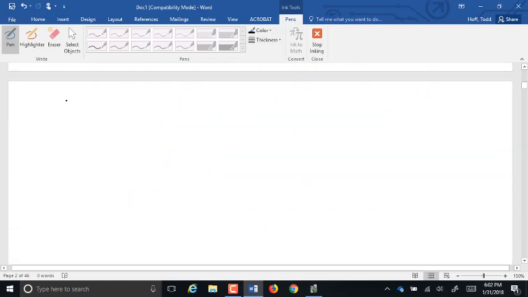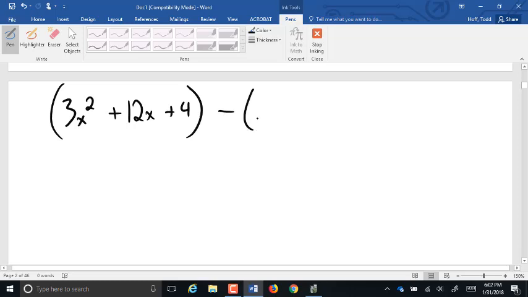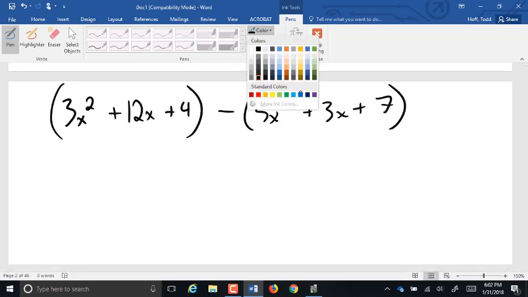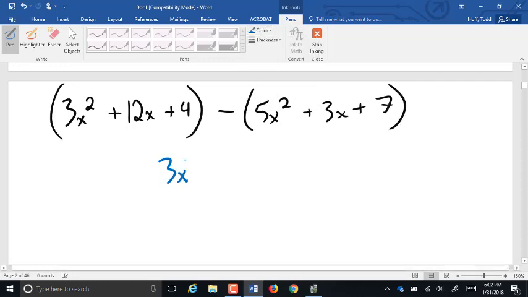Subtraction. Works very similar to addition. We're going to rewrite the first number.